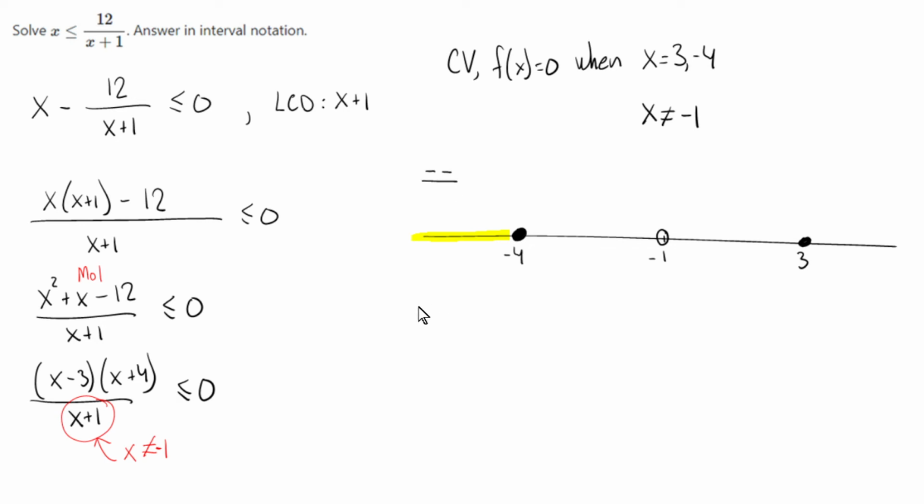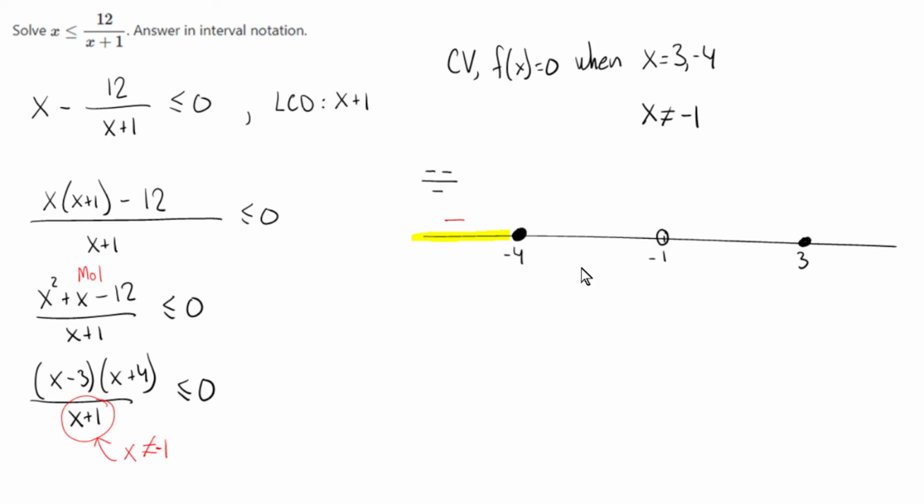Well, if x is less than negative 4, that means the denominator will also be negative. Negative times negative is positive. Divided by negative is negative. So when x is less than negative 4, this entire expression is negative. And so this interval in yellow will be part of the solution, because it is less than 0.